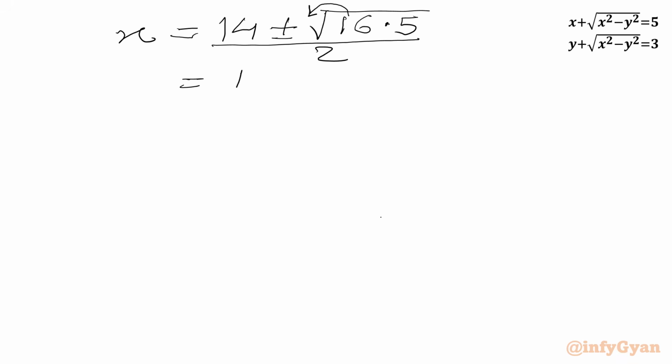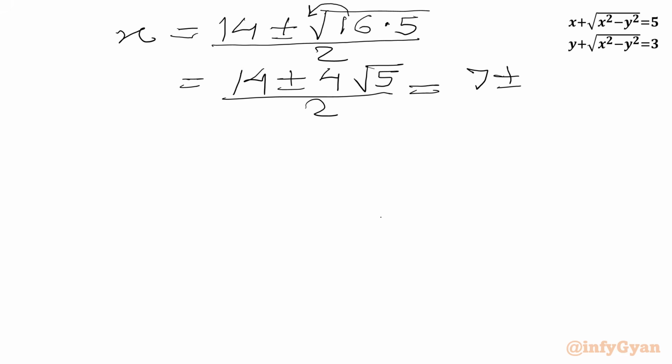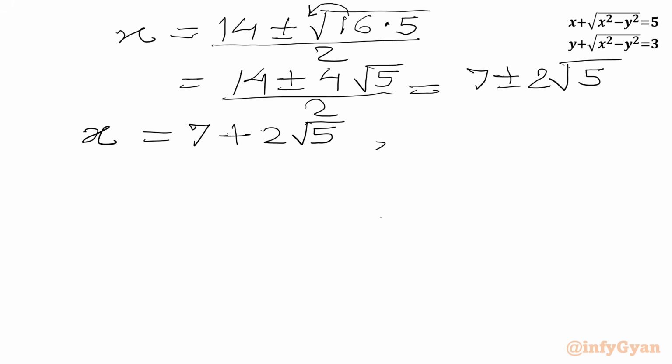So we will write 14 plus minus 4 times square root of 5 over 2, which will give us 7 plus minus 2 times square root 5. So we have two x values, 7 plus 2 square root 5, and second is 7 minus 2 square root 5.